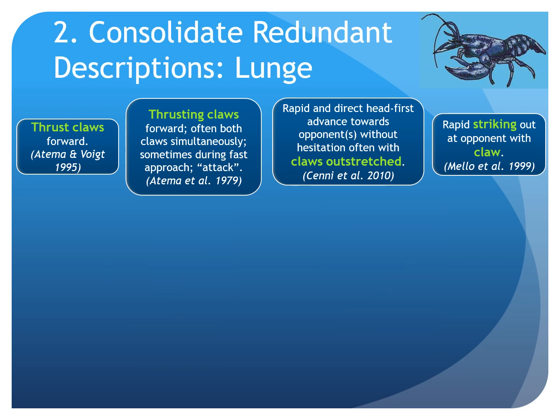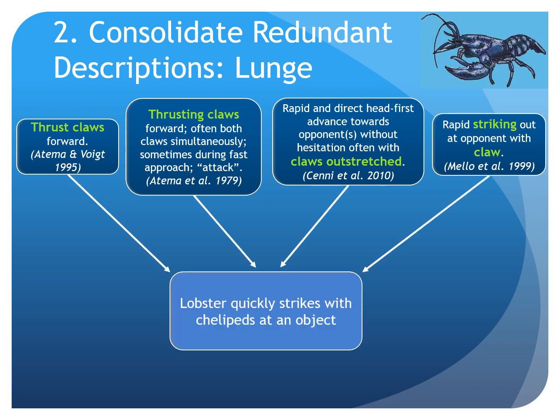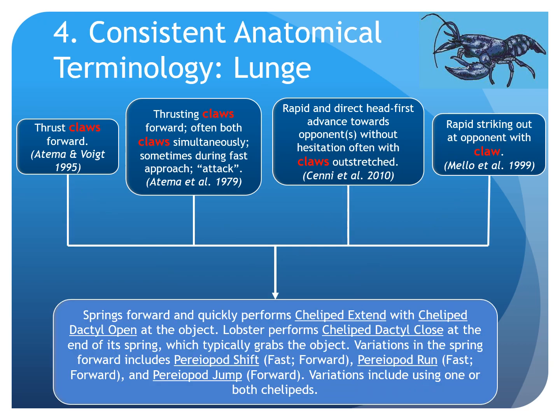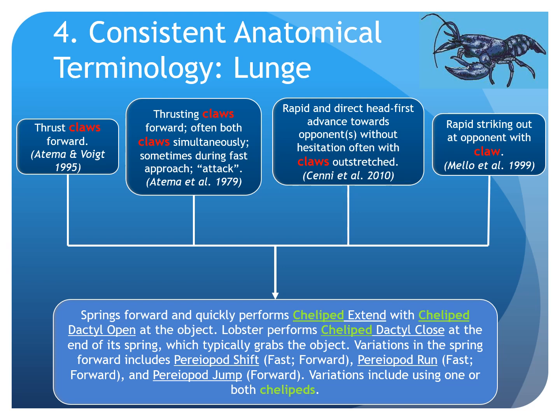With those 2 out of the way, we can focus now on our second step, consolidating the remaining 4 descriptions, which is characterized by the lobster quickly striking with its callipeds at an object. Note that we've now replaced opponent with object, thus fulfilling the third step of eliminating environmental references. Our fourth step involves using consistent anatomical terms, which means changing claws to callipeds.